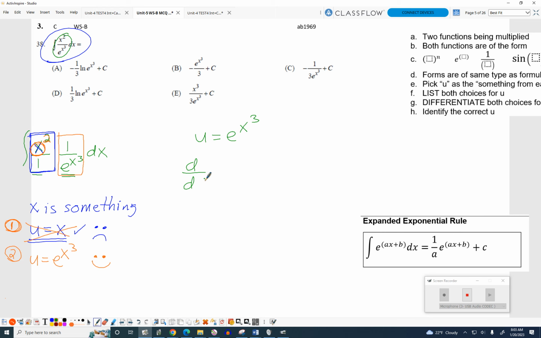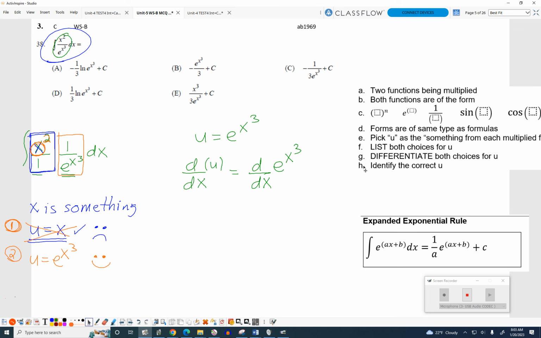Differentiate both sides of this side. Same thing on the other side. So now we're back to unit 2. That's what it meant right here when it said to differentiate both sides for you.